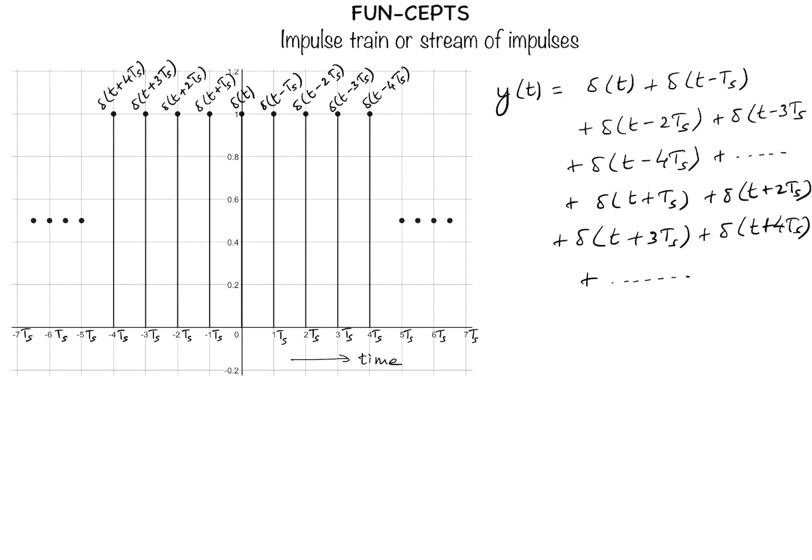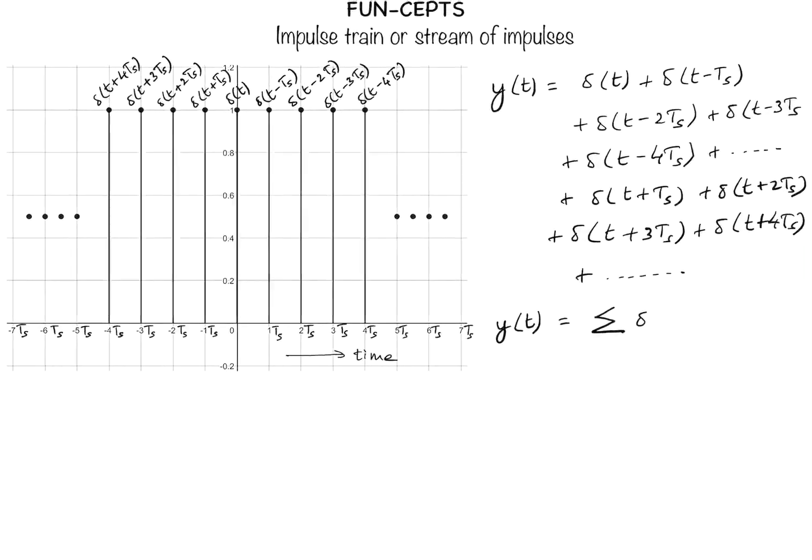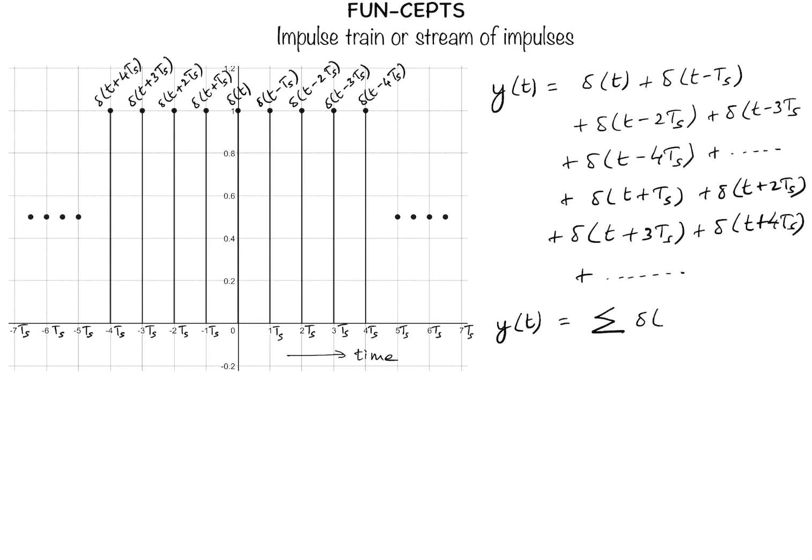To represent this in compact notation, we can write this signal y of t using the summation notation: summation of delta of t minus n Ts, where n goes from minus infinity to infinity.